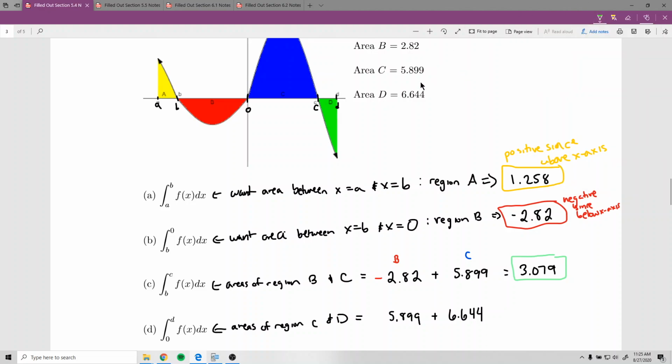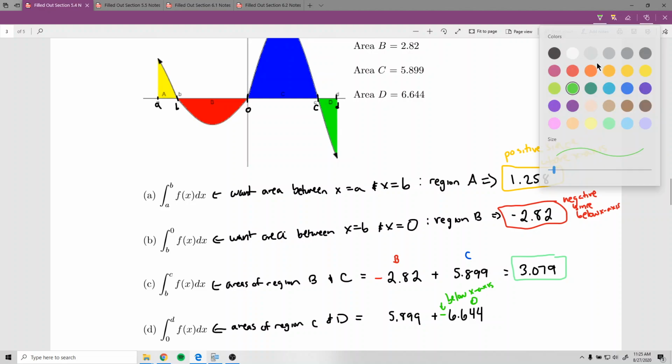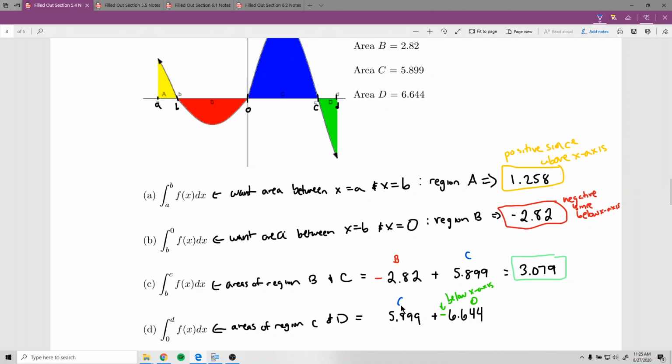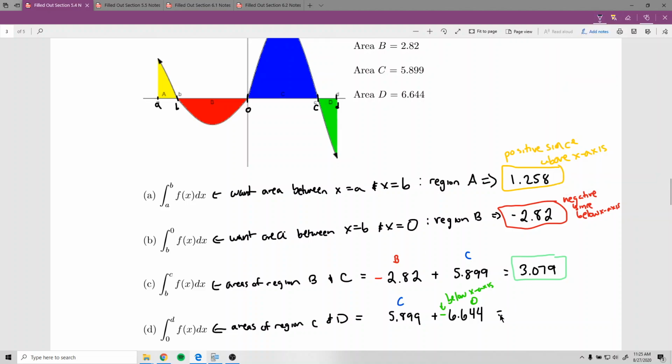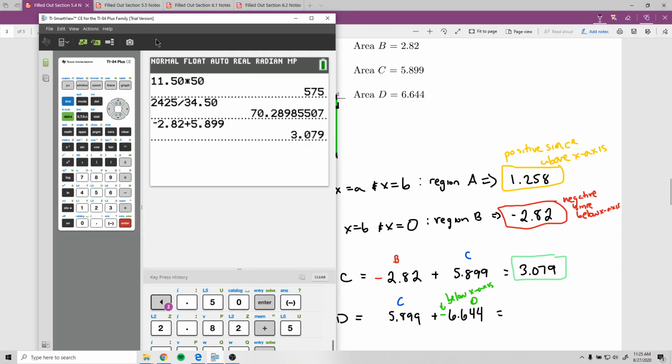And then region D is below the x-axis, so that gets a negative. And so that's from D, and the other one was from C. And then, once again, once you get all the pluses and the minuses situated, do it in our calculator. 5.899 minus 6.644, that equals negative 0.745.